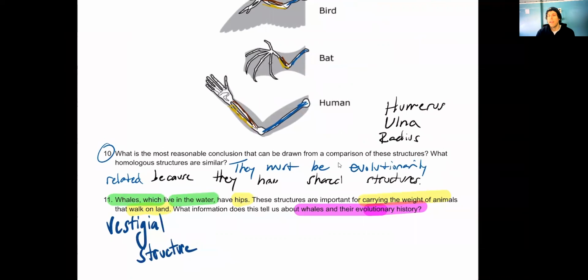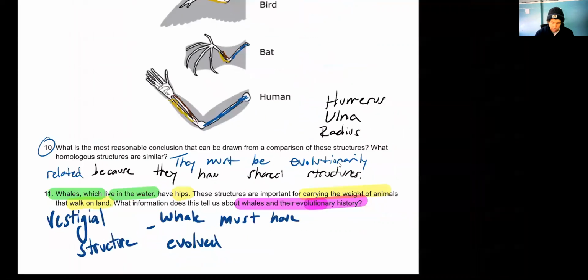This tells us that the organism, or the whale in this example, must have evolved from an organism that needed the hips.